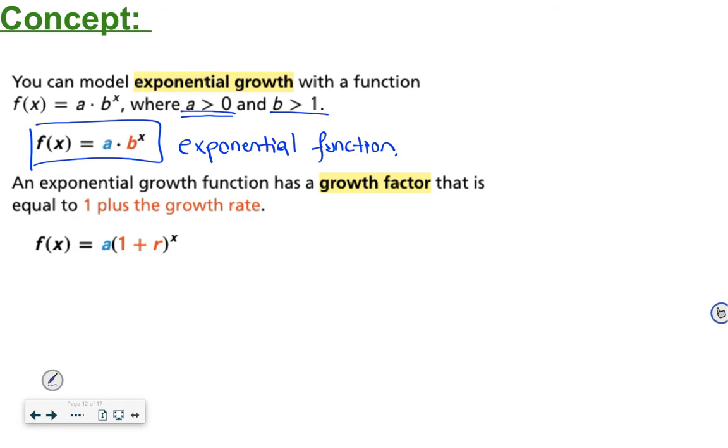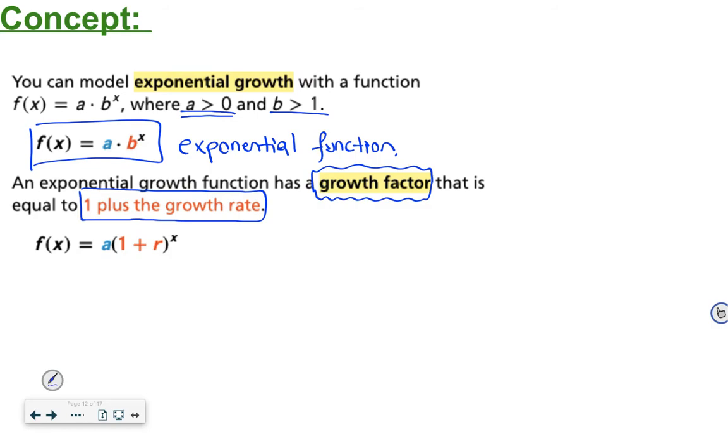An exponential growth function has a growth factor that is equal to 1 plus the growth rate. So in the previous question, remember that every year the population increased 15%, and that 15% is the growth rate. And remember, what was our answer?